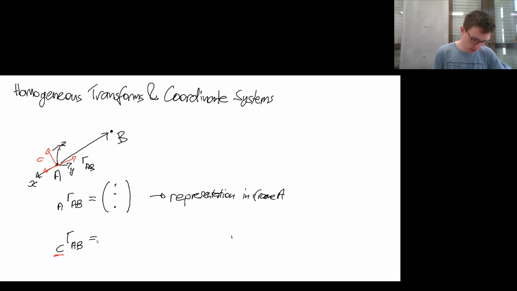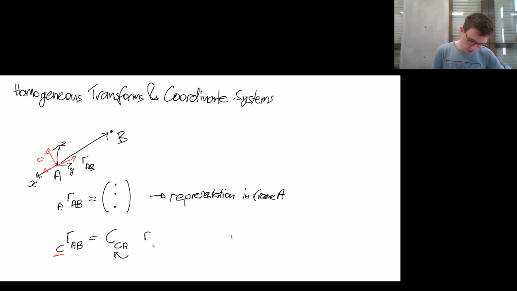And how to transform this is, as you've seen in the lecture, I hope, a coordinate transformation, also called rotation matrix here, going from frame A to frame C. How to read this is that you have to read it from right to left.